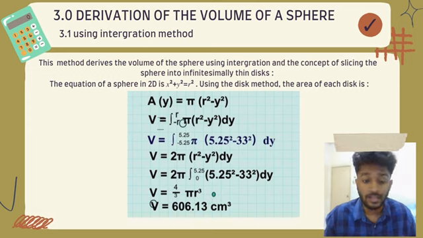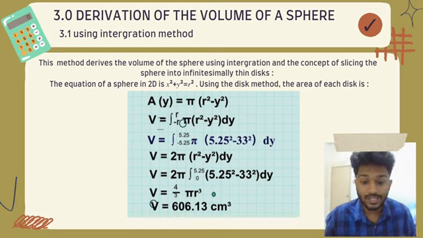By integrating this area over the bounds of the sphere, we can calculate the volume. By the given formula, the volume equals the integral of pi (r squared minus y squared) dy.